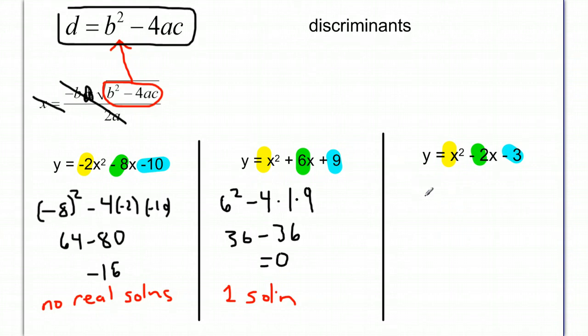And so b squared is negative 2 squared minus 4 times 1 times negative 3, another friend, which could be our c value. So negative 2 squared is 4. Negative 4 and negative 3 make positive 12. So we add them together, and times 1 is still 12. And that equals positive 16.